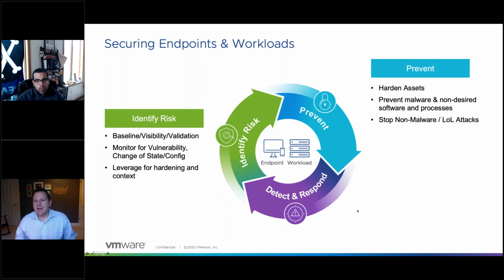Usually by the time an attacker has gotten past your perimeter defenses, the firewalls and the other controls that you have at the edge of your data center, the odds of them just taking a piece of commodity malware and exploiting that on a server environment, a workload environment, are pretty slim. It happens every once in a while, but at that point, the attacker is smart enough to do what we refer to as living off the land.